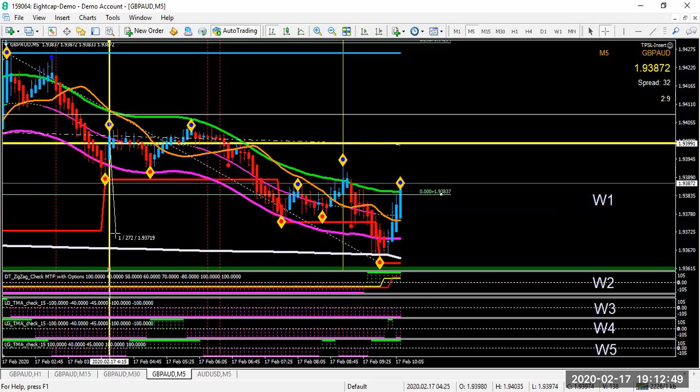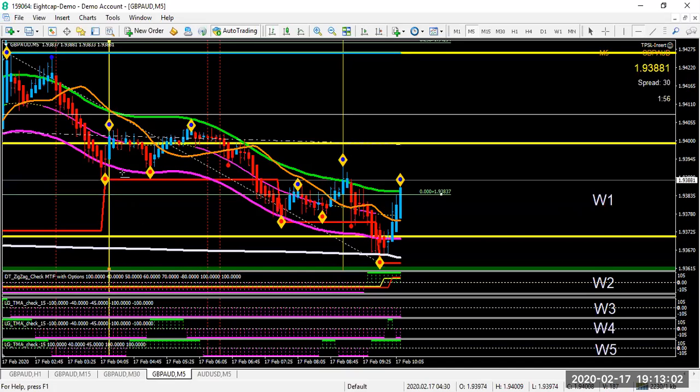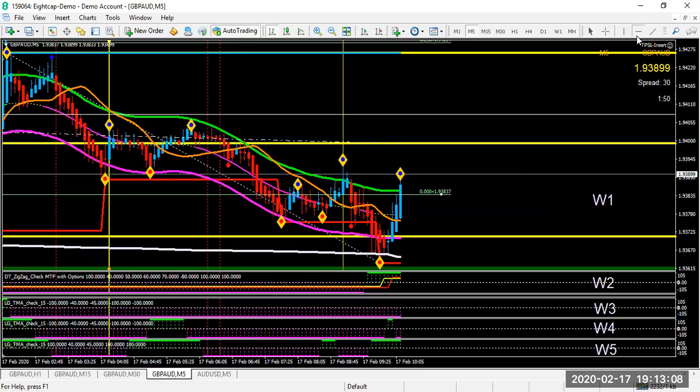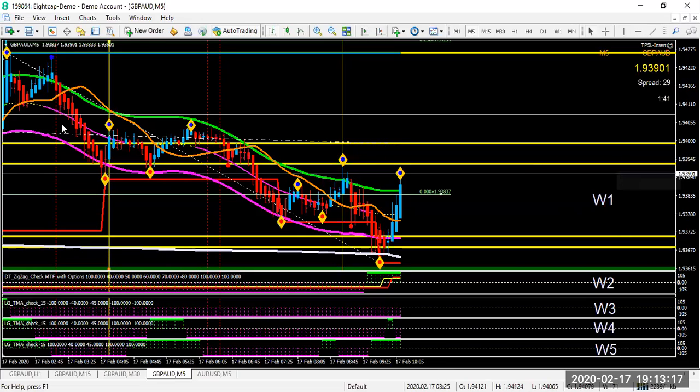Okay, so 27's there. Stop loss is there. The opposite riverbank is a target. So there we have it.